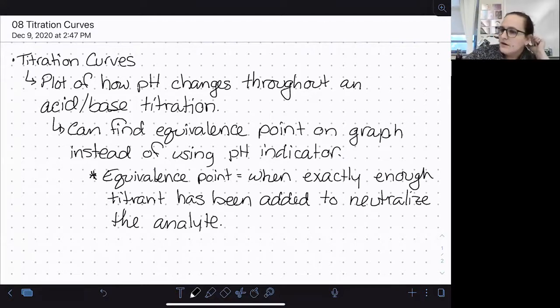So this is what we are assuming when we're doing our titration calculations, is that the volume that we added is the volume it took us to get to the equivalence point.